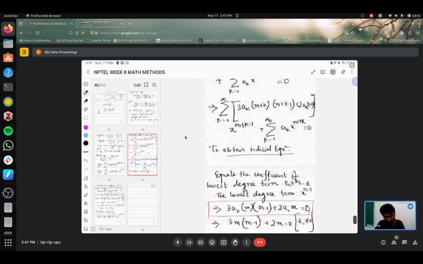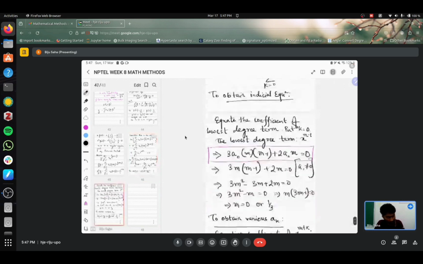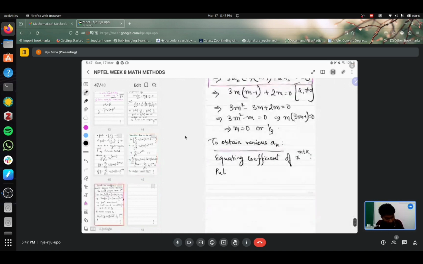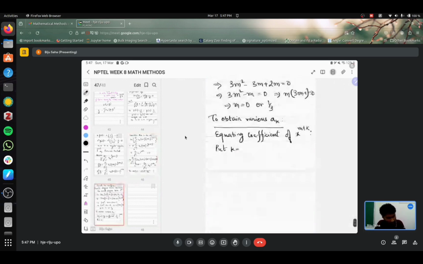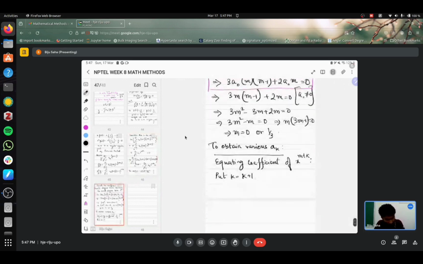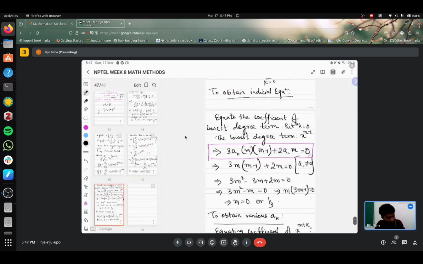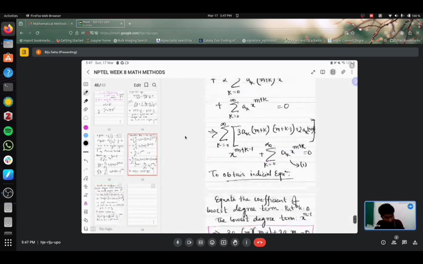That can be obtained if you put k equal to k plus 1 in the first term of this particular equation 1.